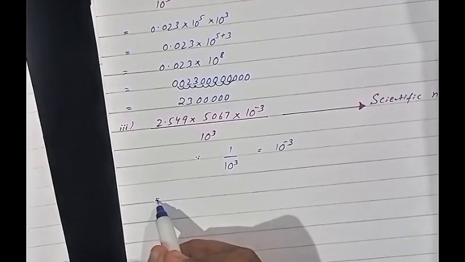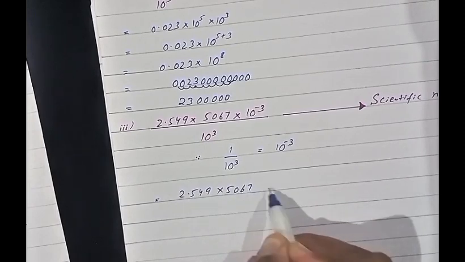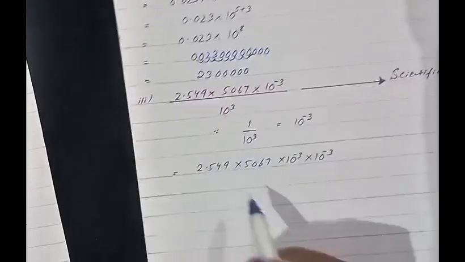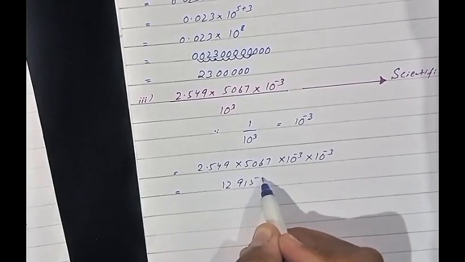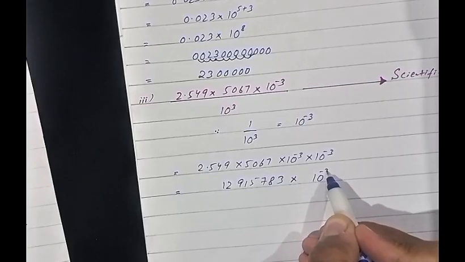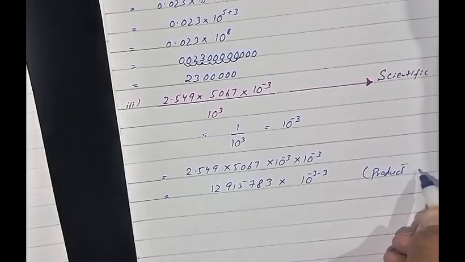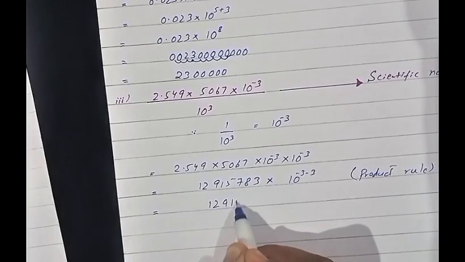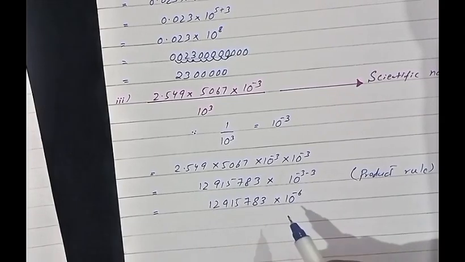Now writing it, 2.549 multiply 5067 multiply 10 power 3 into 10 power minus 3. Now multiplying these two numbers, we get the answer 12915.783 multiply 10 power. By the product rule, the power becomes minus 6. So 12915.783 multiply 10 power minus 6.